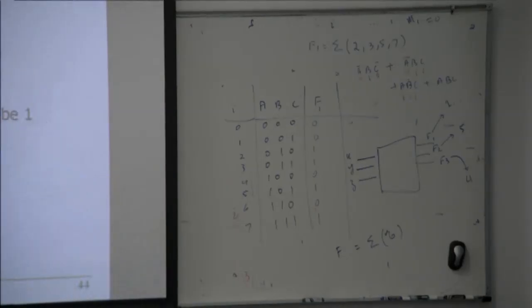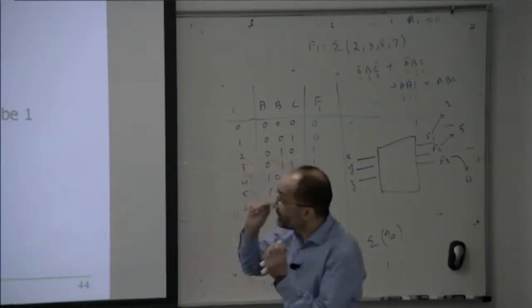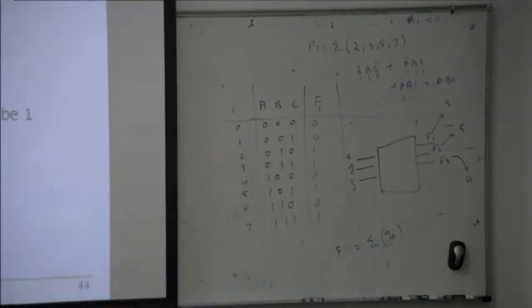Now if you look at 101, A is 1, B is 0, but C is 1. But C is 1 because it's complemented, then it becomes 0. You got it? So for this particular combination, this term will be 1 and the other terms will be zeros. Got it? And we explained it in the previous slide.